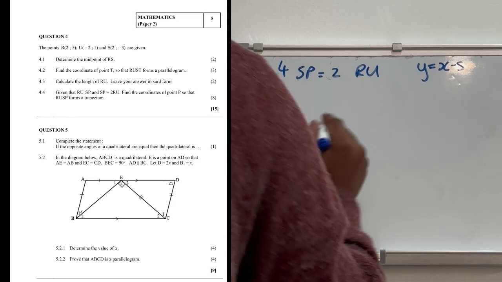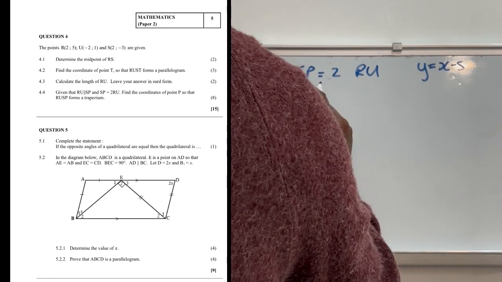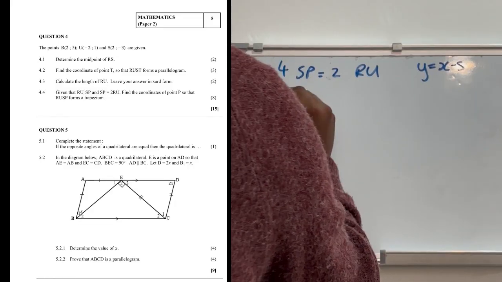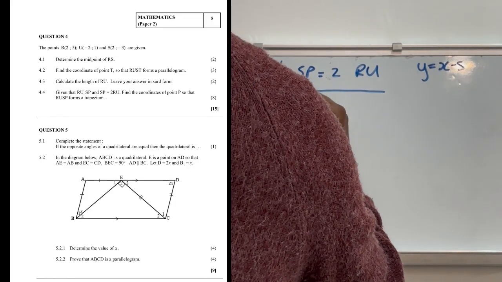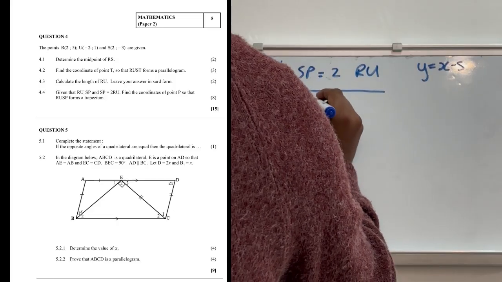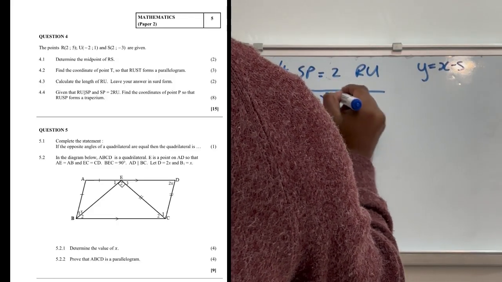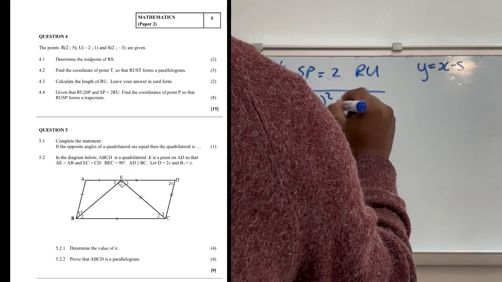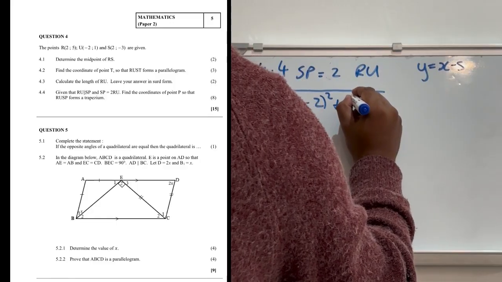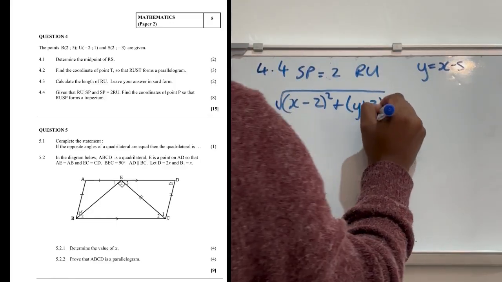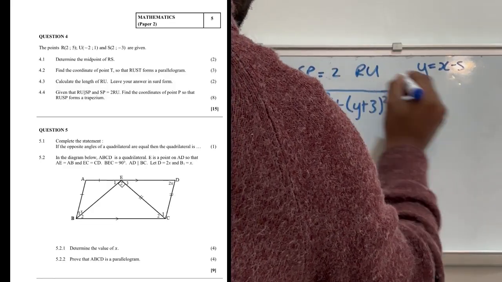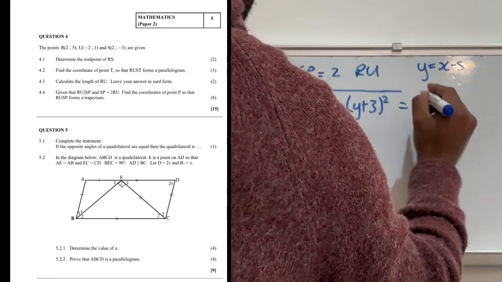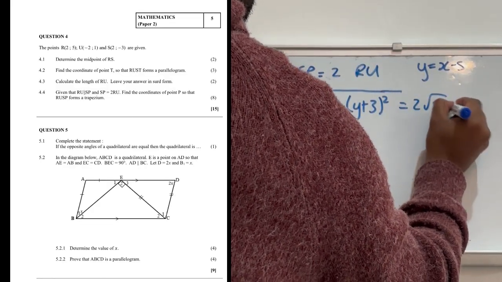So if we're just going to do the distance SP, we're going to say that is (x minus 2) squared plus (y plus 3) squared equal to 2 times RU, which was square root 32, so that's 2 square root 32.